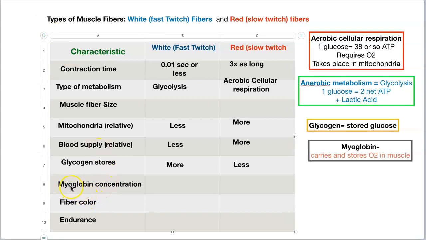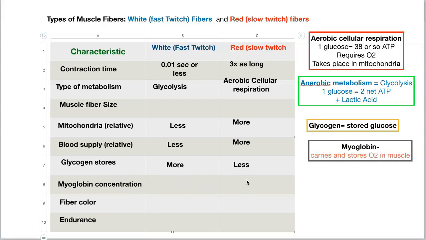Next, we come to something called myoglobin. So there's that MYO, that means muscle. You've heard of hemoglobin? Hemoglobin carries oxygen in our red blood cells. Myoglobin carries and stores oxygen in muscle tissue. Who needs more myoglobin? Who needs more oxygen? Who is oxygen dependent?